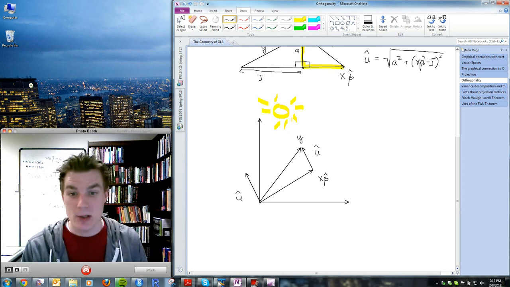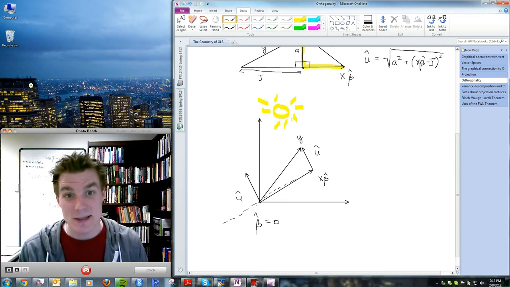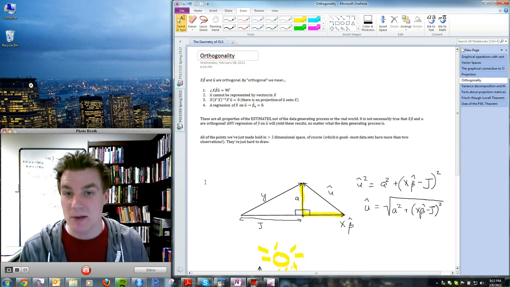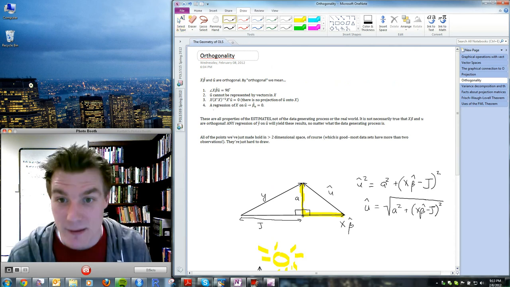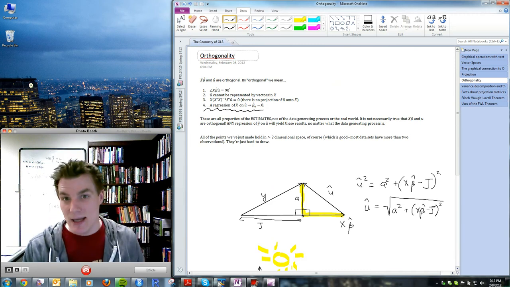Well, I couldn't get any closer than the origin. That is to say, I couldn't get any closer than beta hat equals 0, right? If I make a negative beta, I'm going to move out here. I'm going to get further away. If I make a positive beta, I'm going to move out here and get further away. The closest I can get is 0. So u cannot be represented by vectors in x, and we've incidentally just also shown that a regression of x on u hat is going to give you a beta of 0.